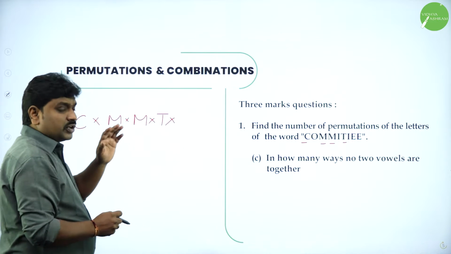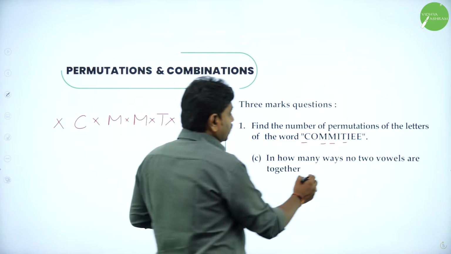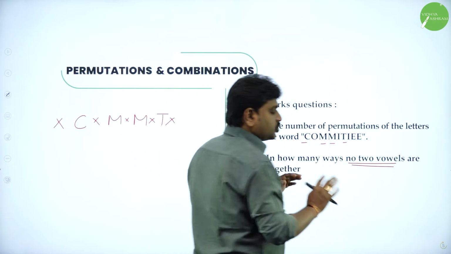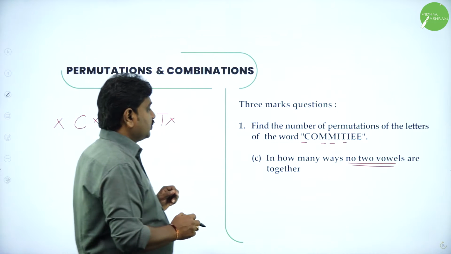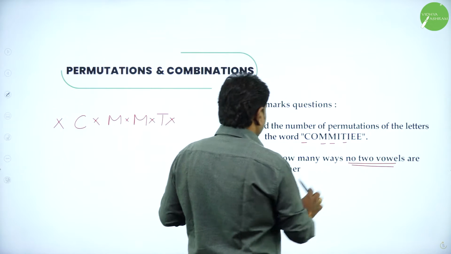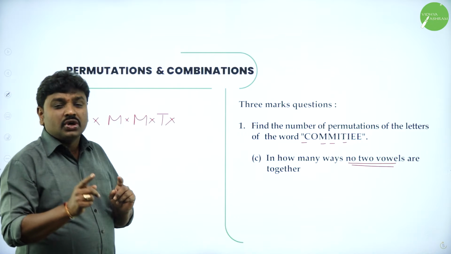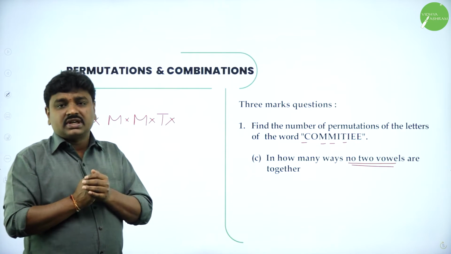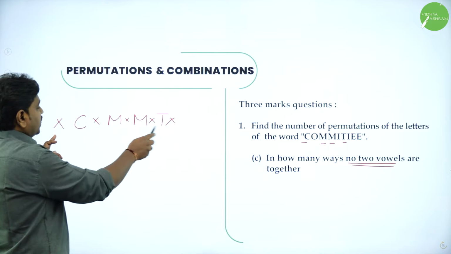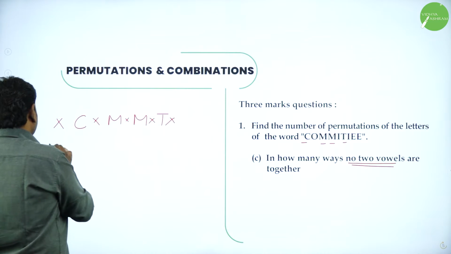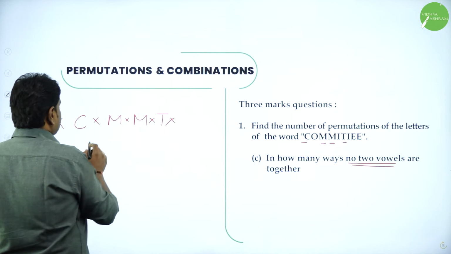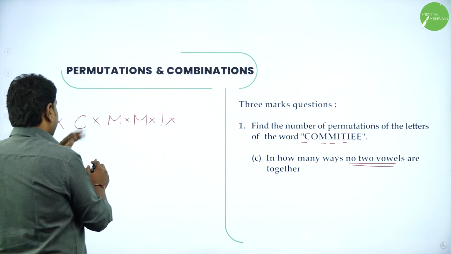So if no 2 vowels should be together, means they should not be together. See, how many ways? No 2 vowels are together. 2 vowels should not be together, means vowels should be between the consonants. So means they should be in the alternate places. For 4 letters, we'll have 5 alternate places.